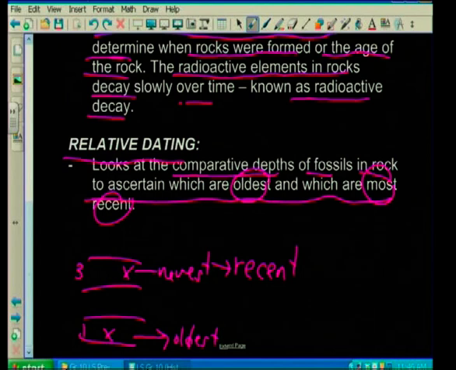So you're comparing the depths of the fossils to analyze which came before the other, and that is why we talk about relative dating. It means relative to the other fossils, which one came first and which came later.